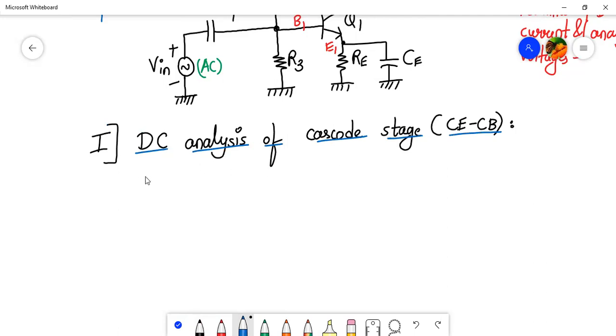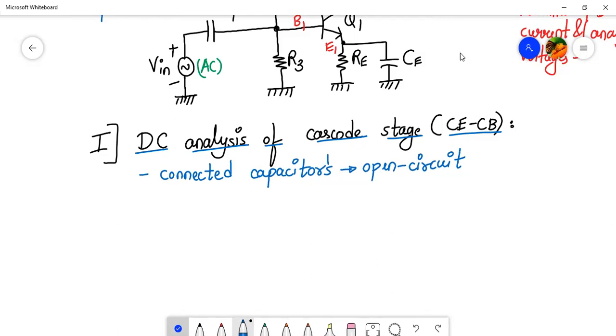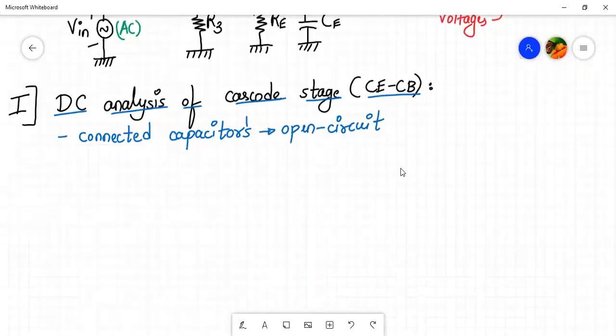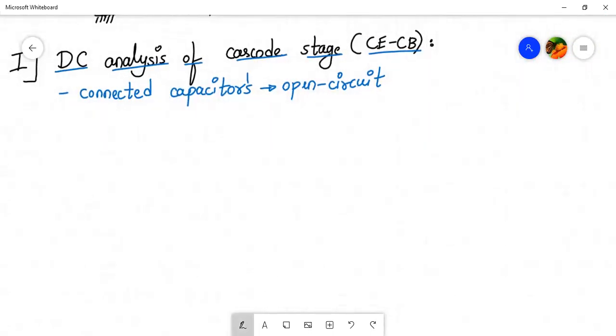All right, so let us begin with our analysis now. As you know, in the DC analysis, all your capacitors will behave as open circuit. So all the connected capacitors, the blocking capacitor and bypass capacitor, will be open circuited, and we will be left with such a diagram. Let me draw it once and show it to you all.